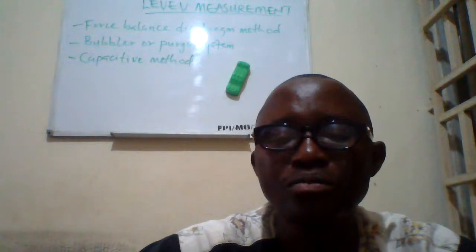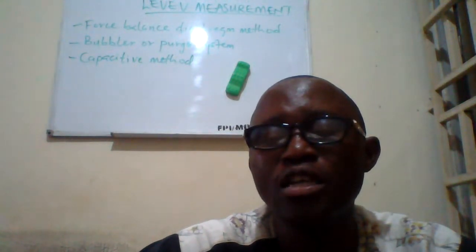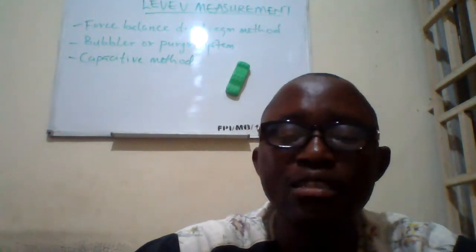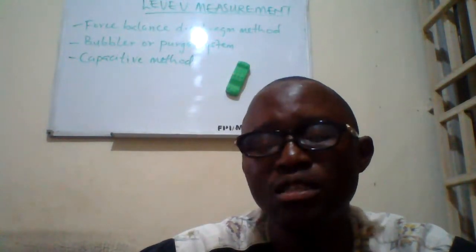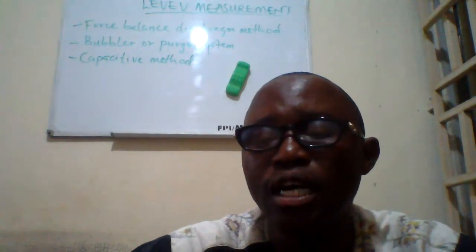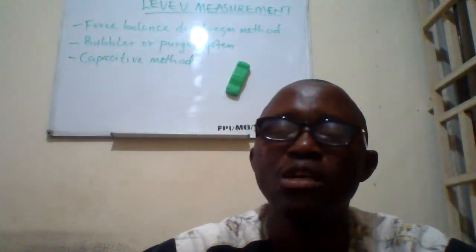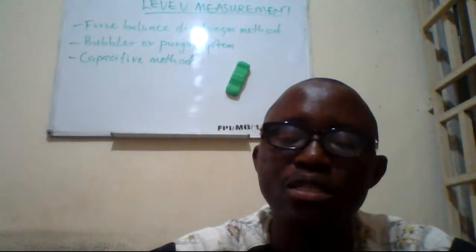Now, when there is little liquid in the tank, there's going to be a high pressure difference between the liquid and the gas on top, that is the air, the empty space on top of it. And that will be used to determine the height. So the results will correspond to when the tank is full and when the tank is empty, or in between these two extremes.